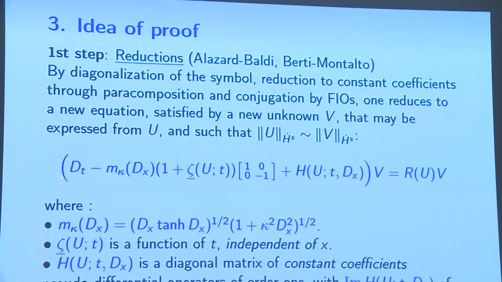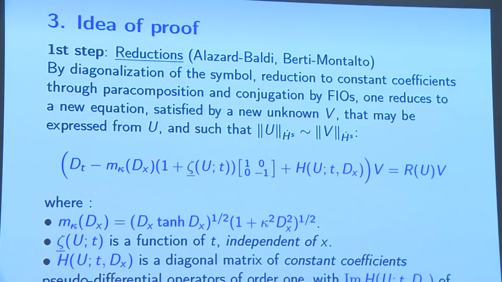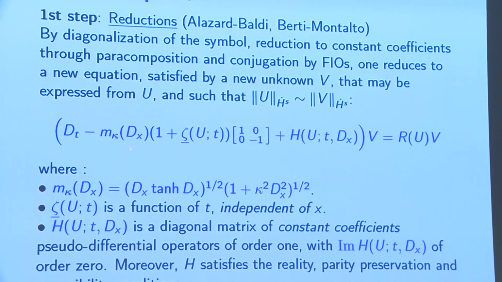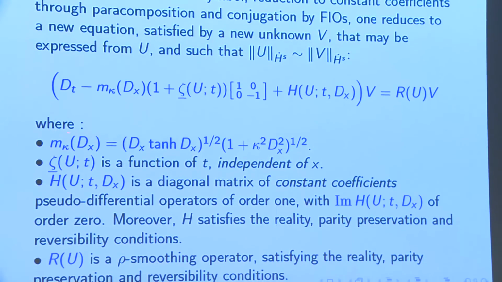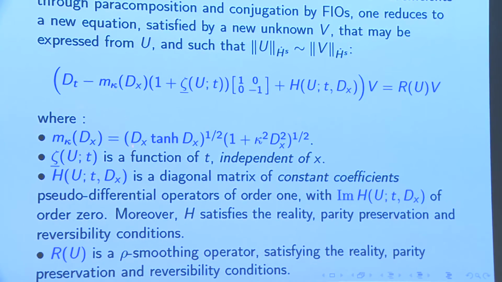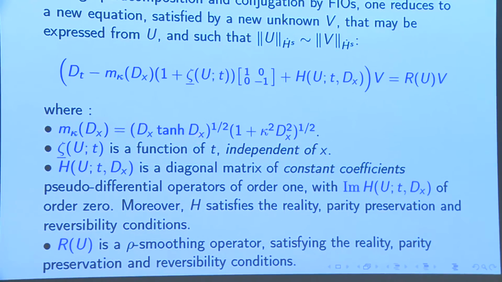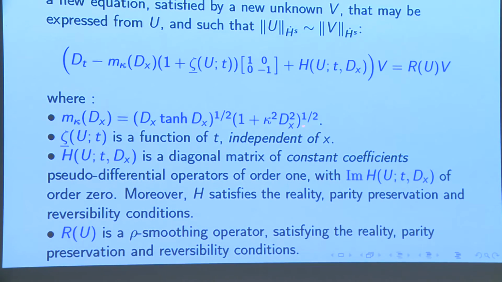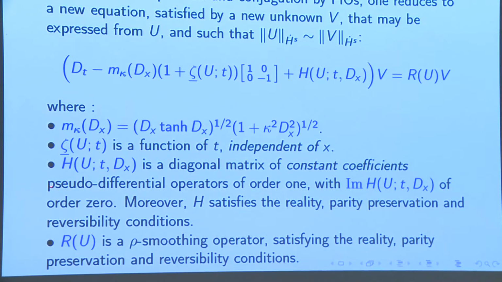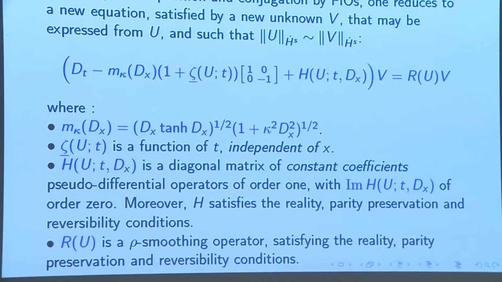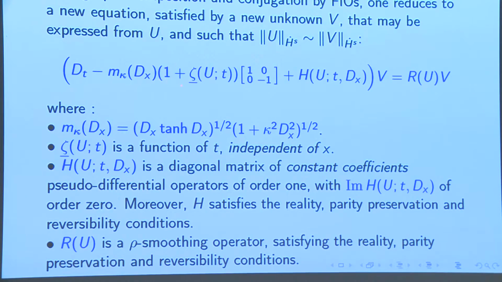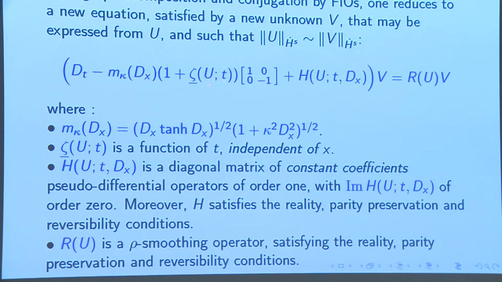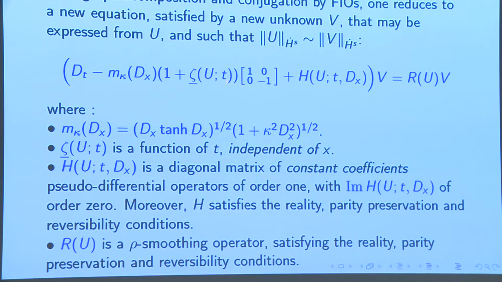So you have capital D_t minus m_kappa of D_x, the Fourier multiplier that I introduced before, which is D_x hyperbolic tangent of D_x to the 1/2, 1 plus kappa squared D_x squared to the 1/2, times some function 1 plus zeta underline of u and of t, which is only a function of t.